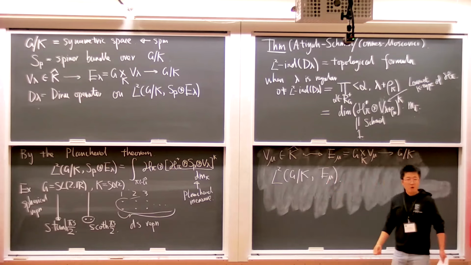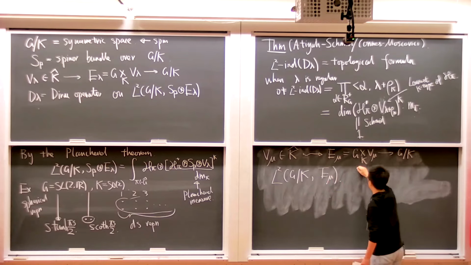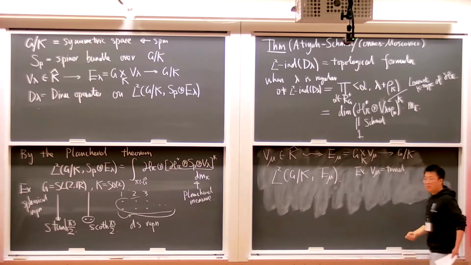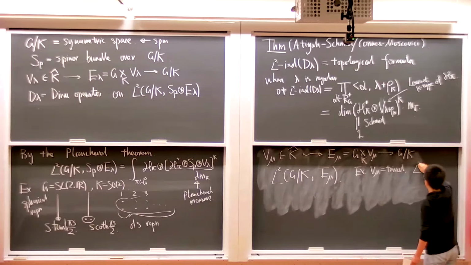For example, if this one is trivial, the Hilbert space is just all the L2 functions on G mod K.